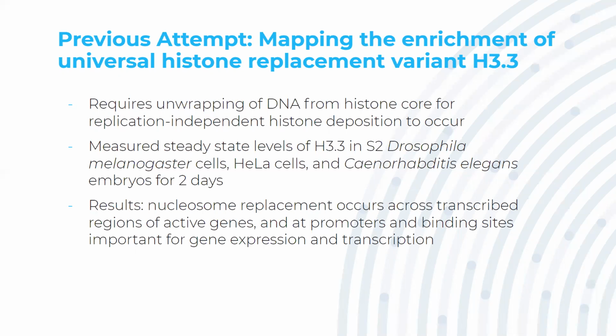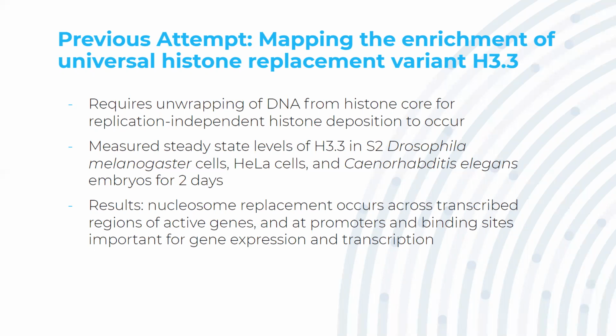To study this, they measured the steady state levels of H3.3 from fruit fly Schneider cells, HeLa cells, and embryos from a nematode. The steady state levels are when the rate of formation of the intermediate is equal to the rate of its breakdown. Overall, this process took like 2 days, so it was not very efficient.